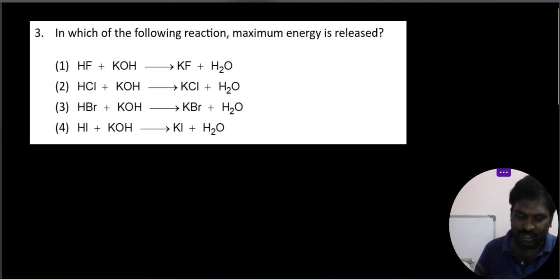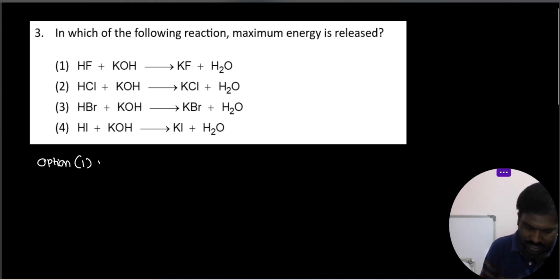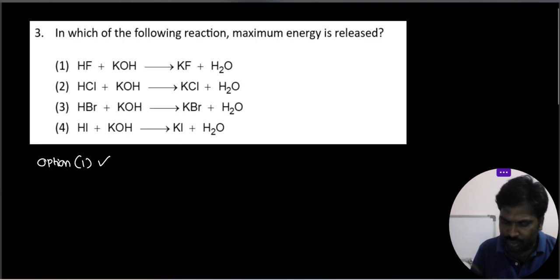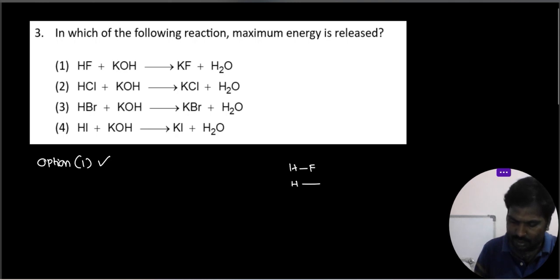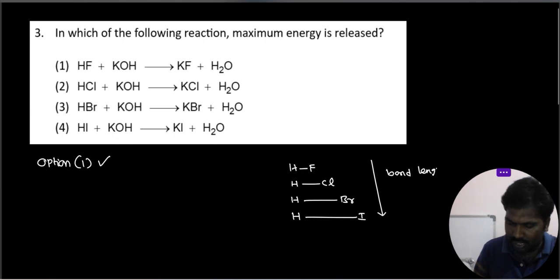Here which option is right? Option 1 is right. Usually, as atom size increases, bond length increases. Then, as bond length increases, bond dissociation energy decreases.